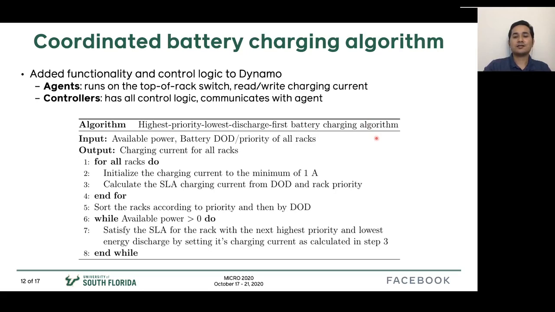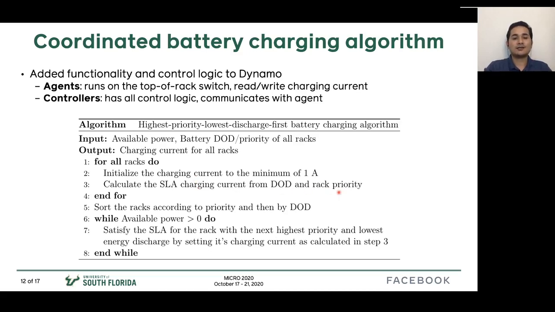This highest priority lowest discharge first battery charging algorithm takes as input the available power at circuit breaker, the depth of discharge of the battery, and priority of racks, and it outputs the charging current for those racks. It initializes the SLA. Initially, the SLA charging current for all the racks is calculated based upon depth of discharge and rack priority.